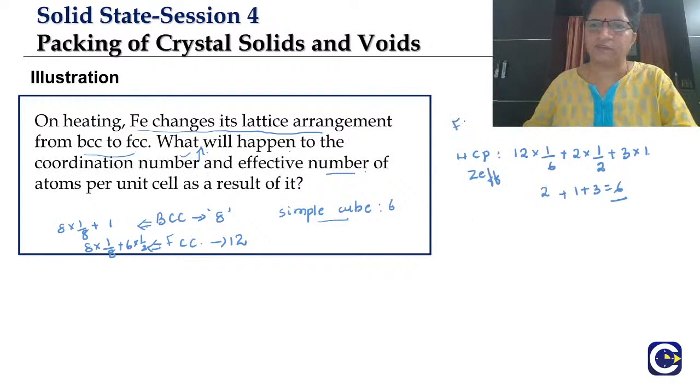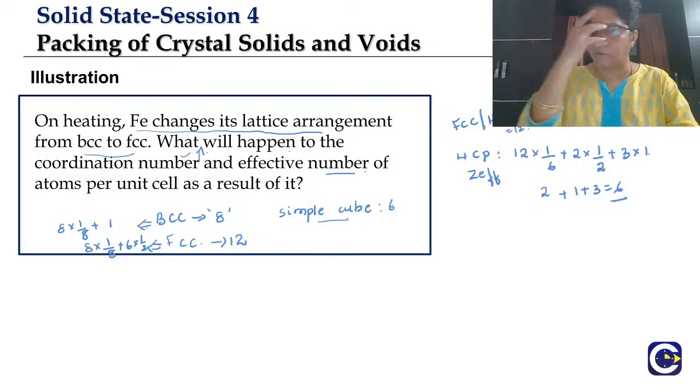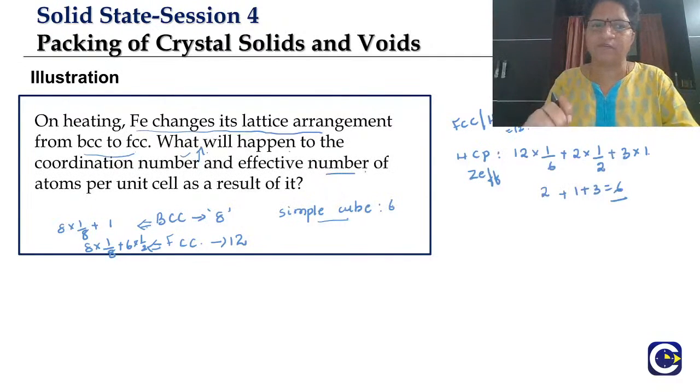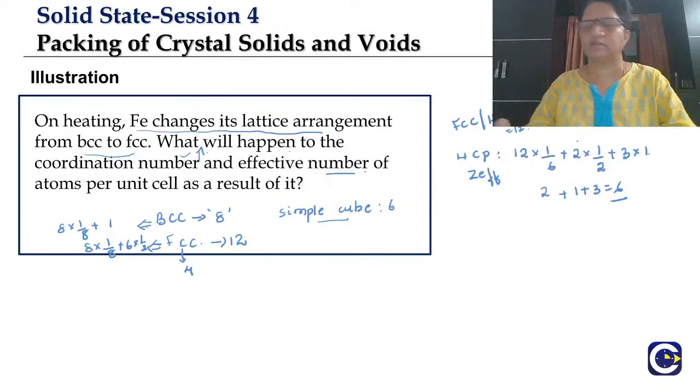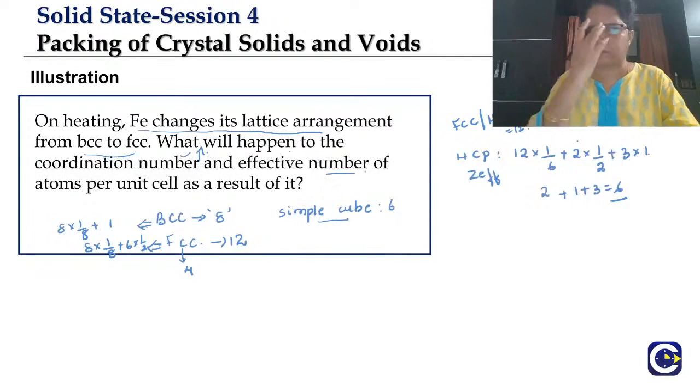So if it is FCC or HCP, coordination number will be 12. But look at a slight variation in the effective number of atoms. In FCC we are getting it as 4. In HCP we are getting it as 6. So on heating, iron changes its lattice arrangement from BCC to FCC.